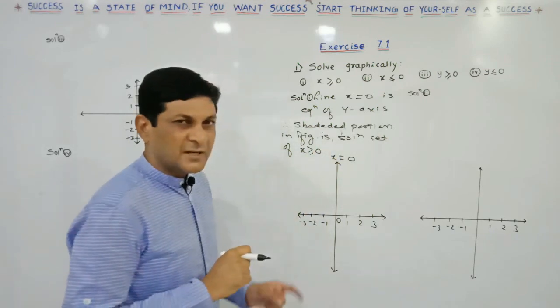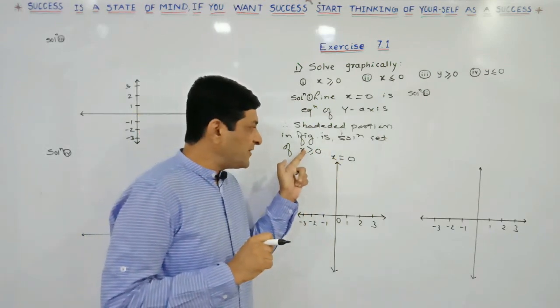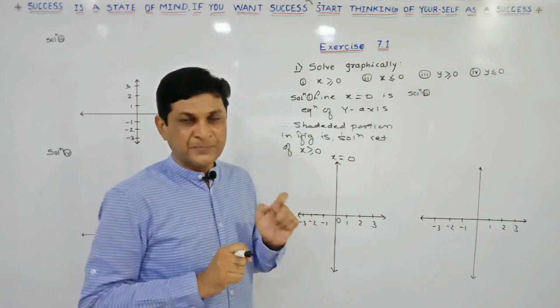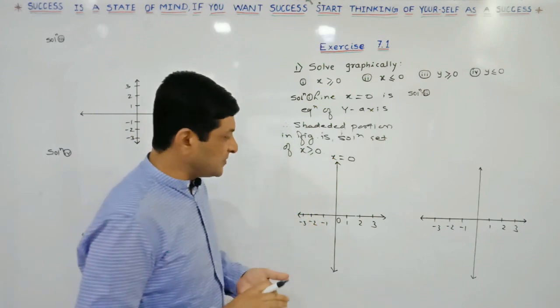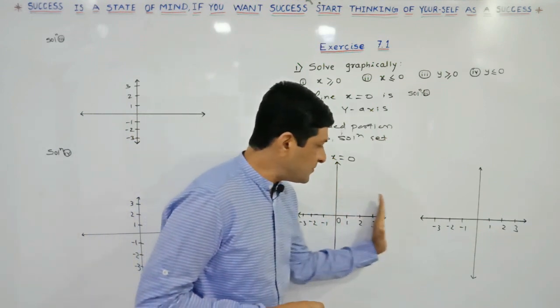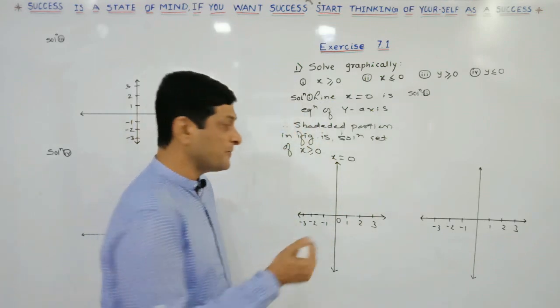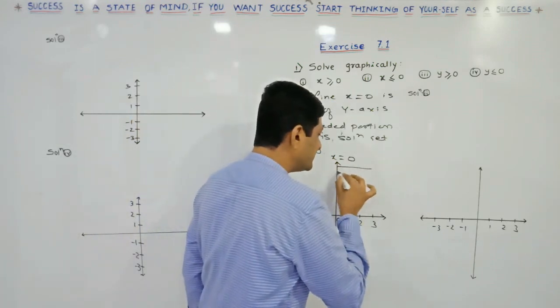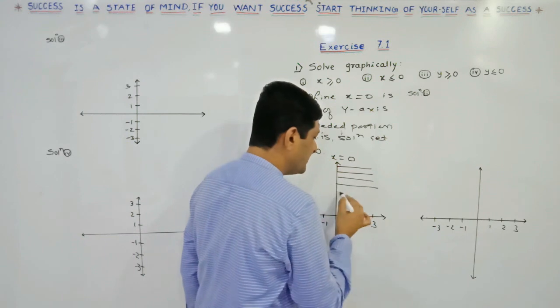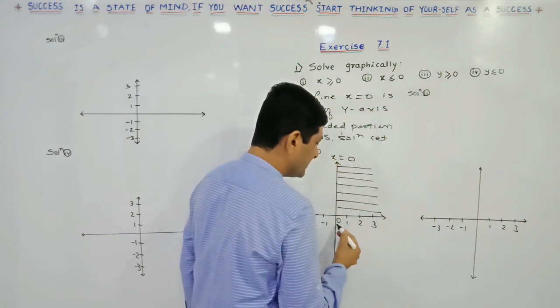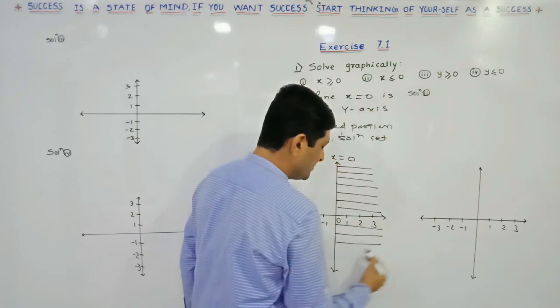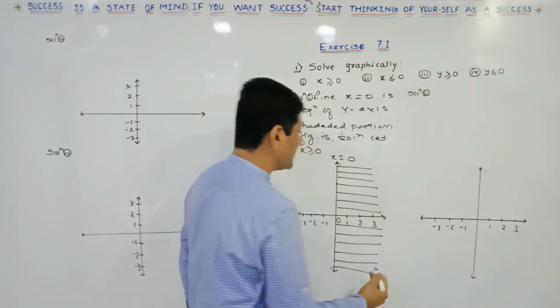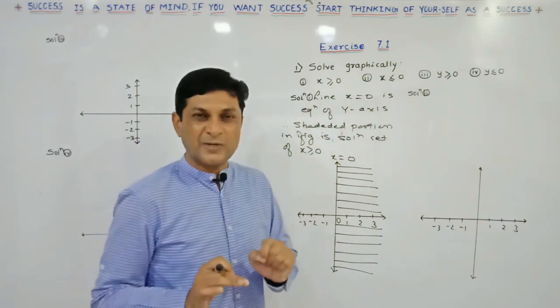If you observe the expression, the value of x is greater than 0. If x is greater than 0, we can easily observe that on this side the values of x are greater than 0. So that's why we can say that this half plane will be our required solution set. In this way we have got the solution set of the expression x is greater than or equals to 0.